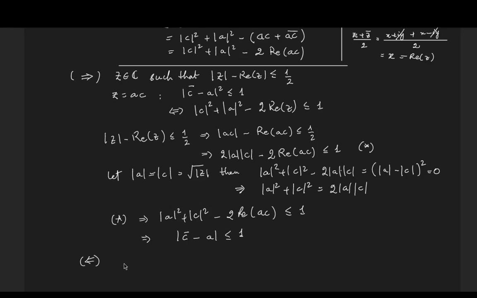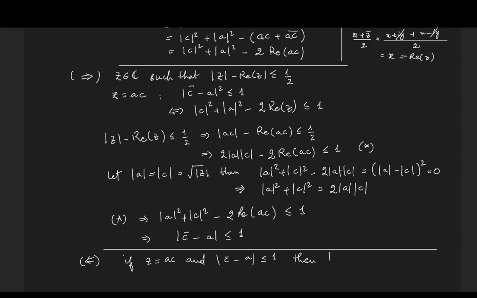Now let's prove the reciprocal. If z = ac and |c̄ - a| ≤ 1, then |z| - Re(z) ≤ 1/2.